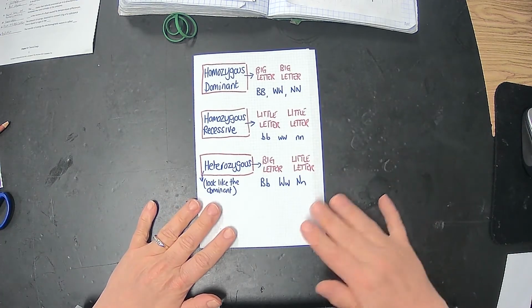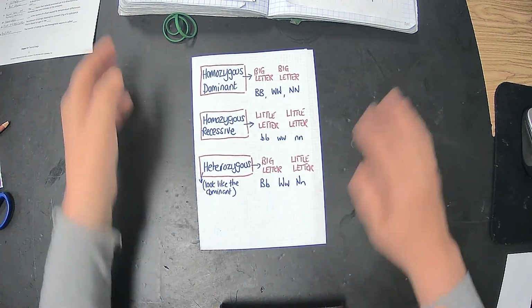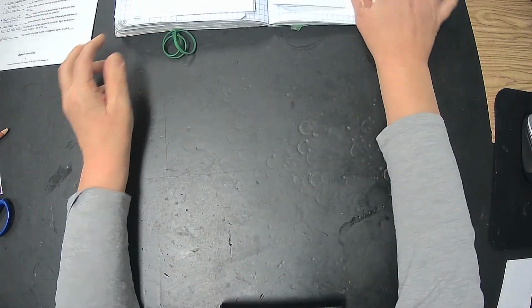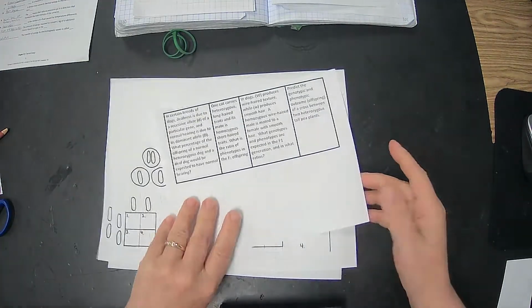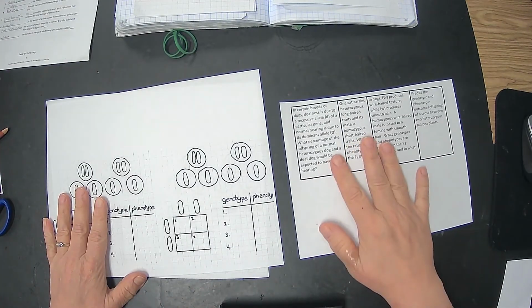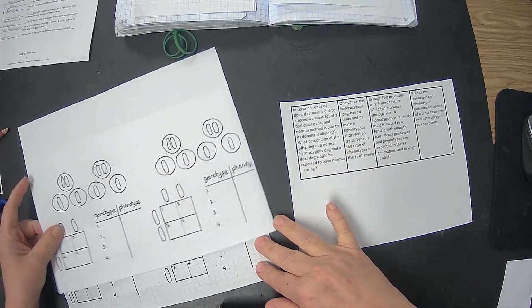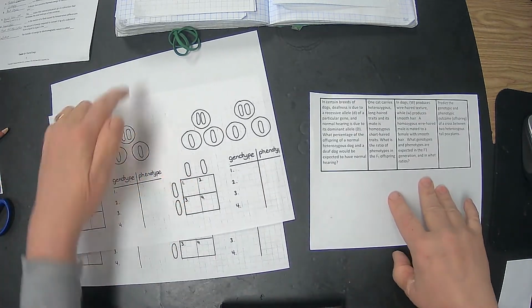So for the next assignment, you need to write this down, and this is going to go in your notebook on the next page. Then you are going to take these problems, there's 1, 2, 3, 4, and you are going to take 2 of these papers and cut these in half. What it will look like in your notebook is this.